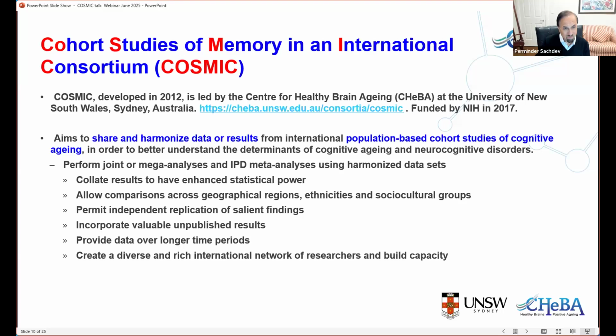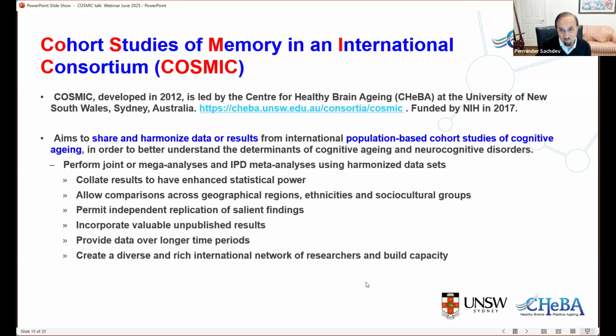And we launched this consortium, the COSMIC consortium, in 2012. The idea was to share and harmonize data or results from international population-based cohort studies of cognitive aging to perform joint analyses and meta-analyses to try to fill the research gaps that I've already alluded to.